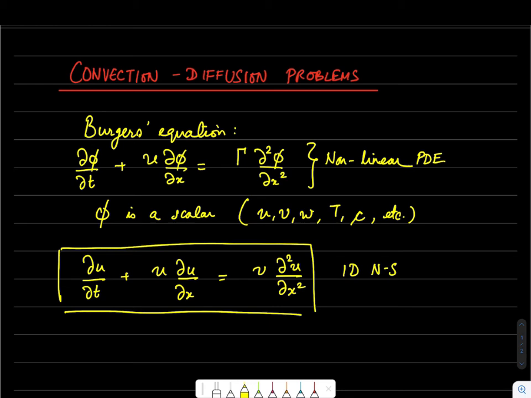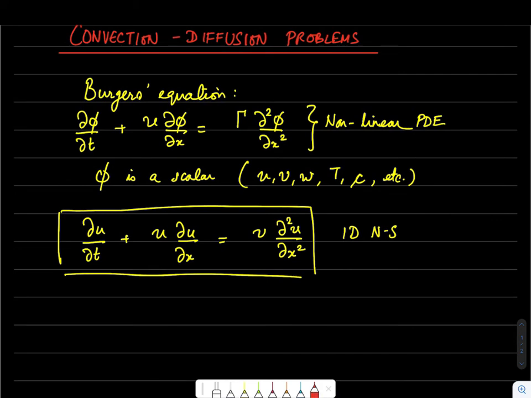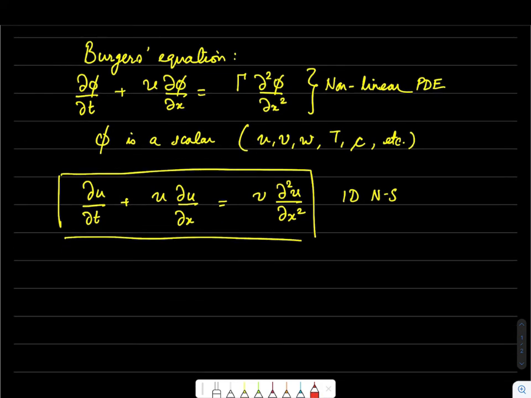Now we will look at ways of solving this kind of an equation in this segment. Analytically, of course, this is an equation which cannot be solved unless we look at a steady state solution.